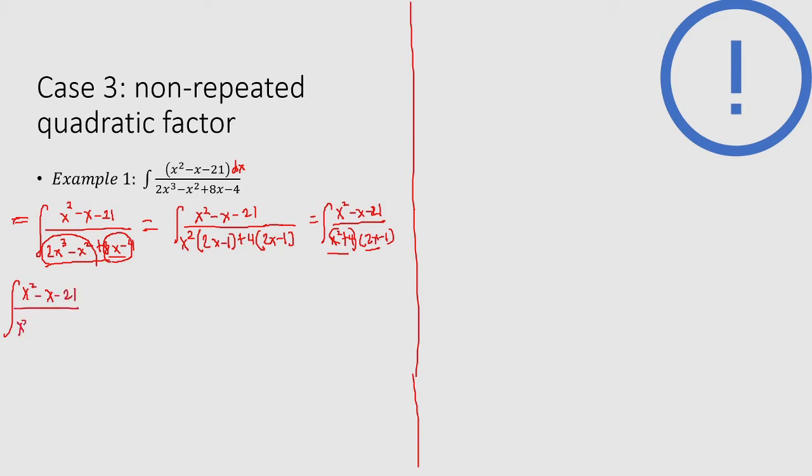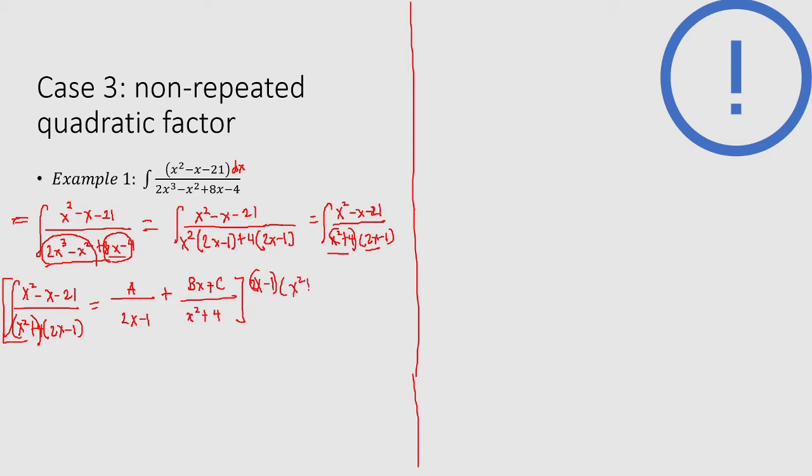So x squared plus 4 times 2x minus 1 is equal to, our first factor is 2x minus 1, so A over 2x minus 1 plus Bx plus C all over x squared plus 4. So we will be getting 3 coefficients, A, B, and C.